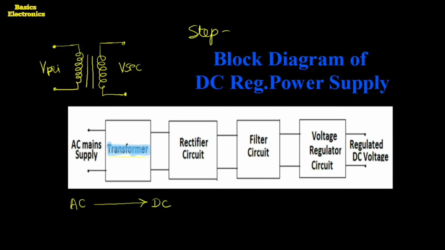That transformer we call a step down transformer. This step down transformer has fewer secondary turns, so the secondary voltage is less than the primary voltage.